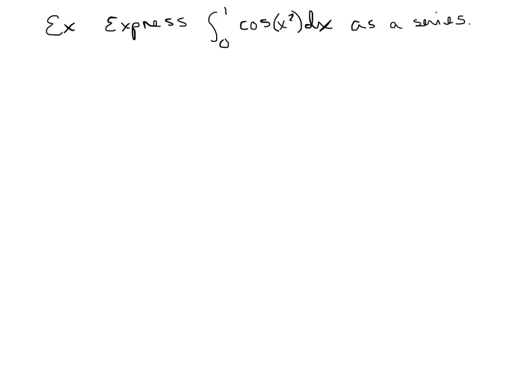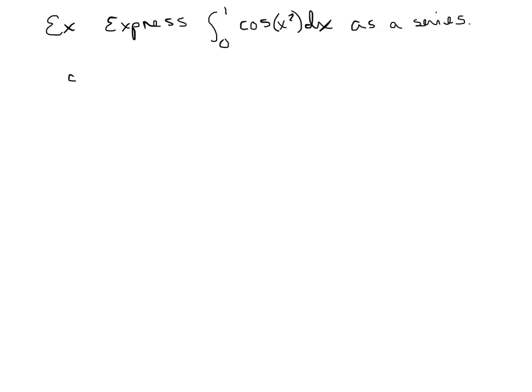Now, this is an integral that we don't know how to integrate. So what we can do is put it into summation notation. We can use a power series, a Maclaurin series, centered at 0. And then we can integrate that series because it's a polynomial. It's pretty easy to integrate. You just add 1 to the exponent, divide by that number, just like you would with x squared.